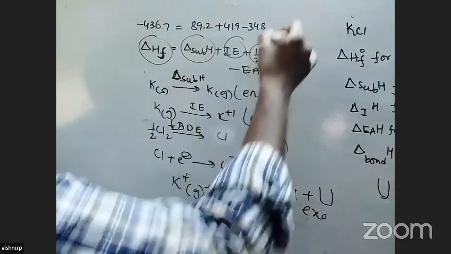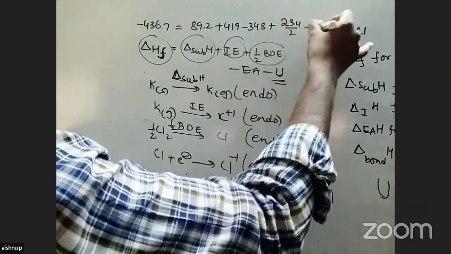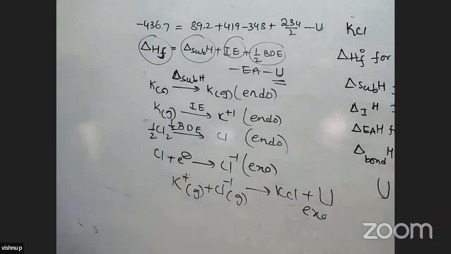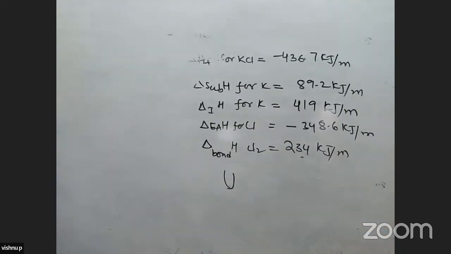Bond dissociation enthalpy is plus 234 by 2 minus the lattice enthalpy. From this, we can calculate the lattice enthalpy of KCl. This is also an important question from chemical bonding, based on the Born-Haber cycle.